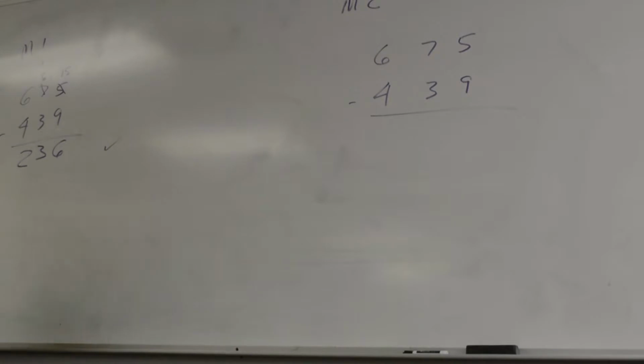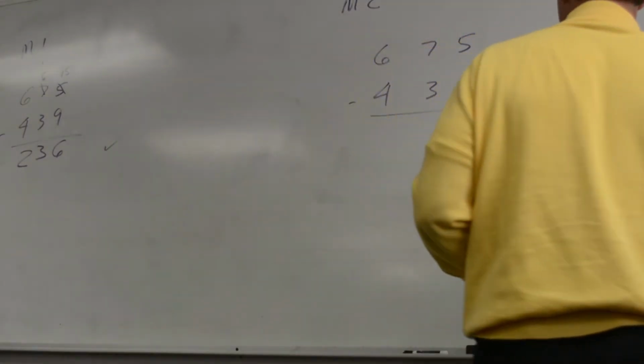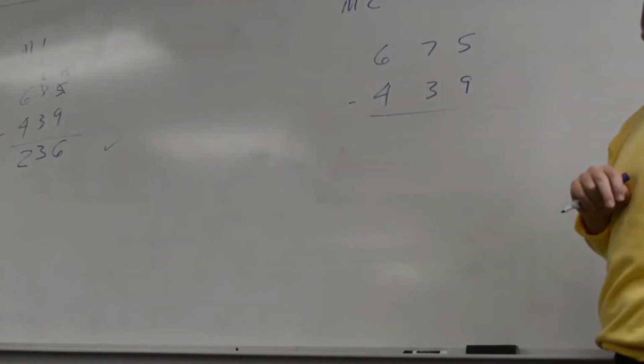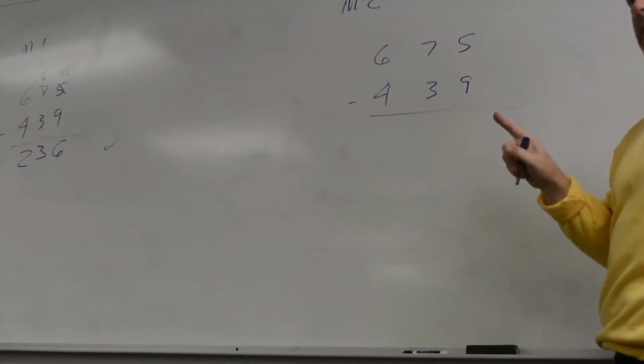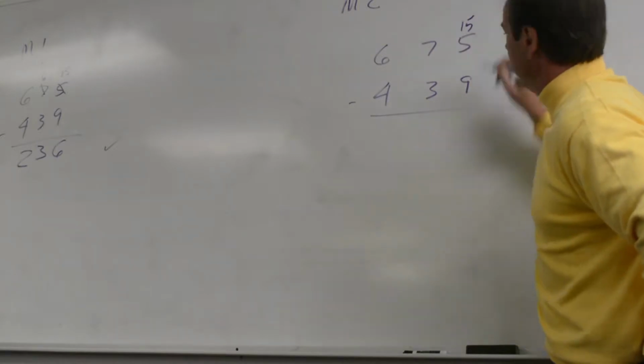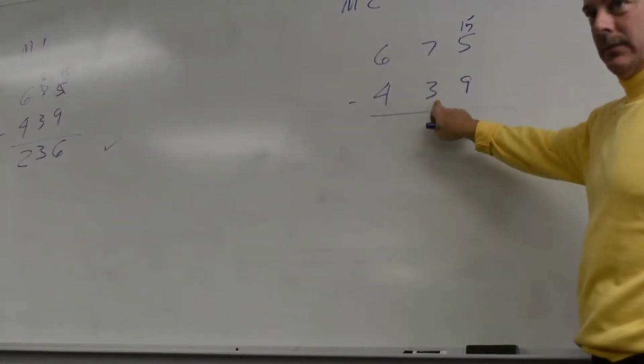A little check there. Here's method 2, the new method. It's a little twist on what we currently do. We come over here. Can we take 9 from 5? No, we can't. In this method, all we're going to do is say, all right, this is 15. We're going to look on a diagonal.